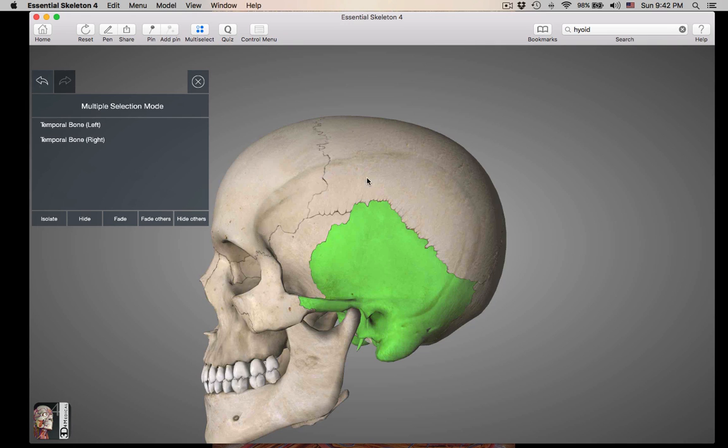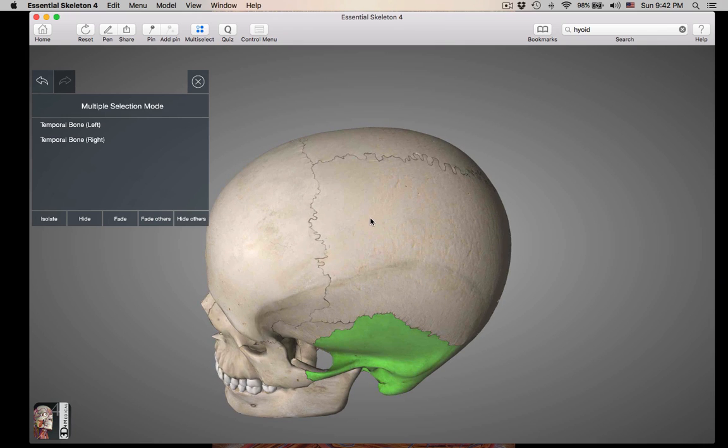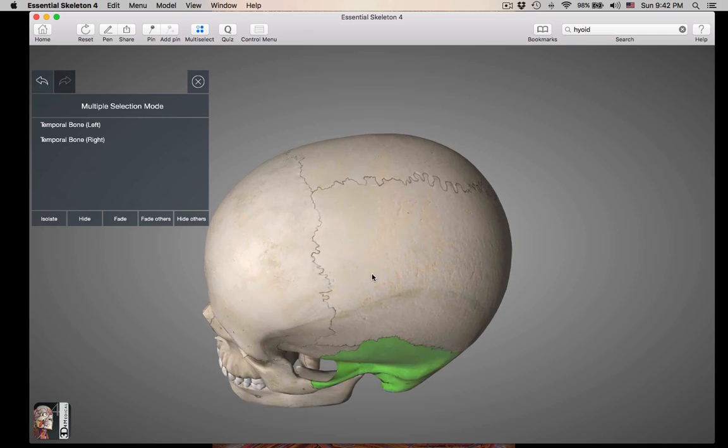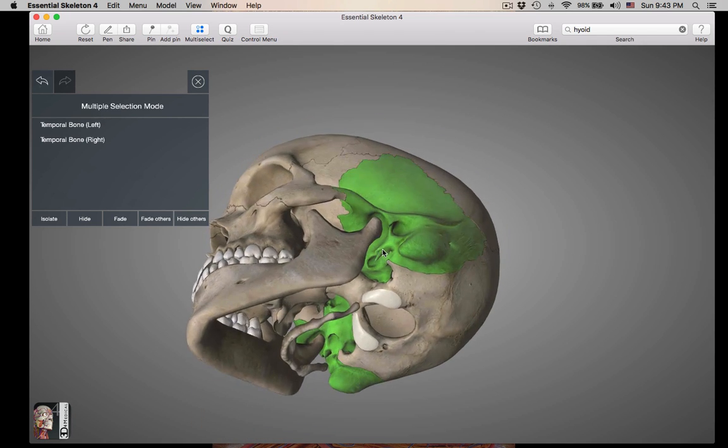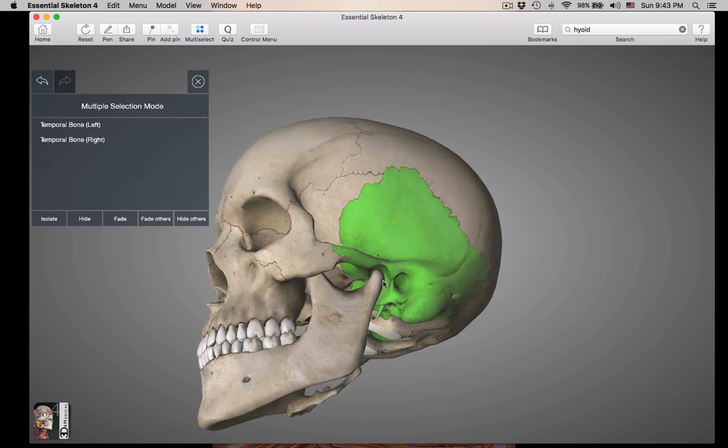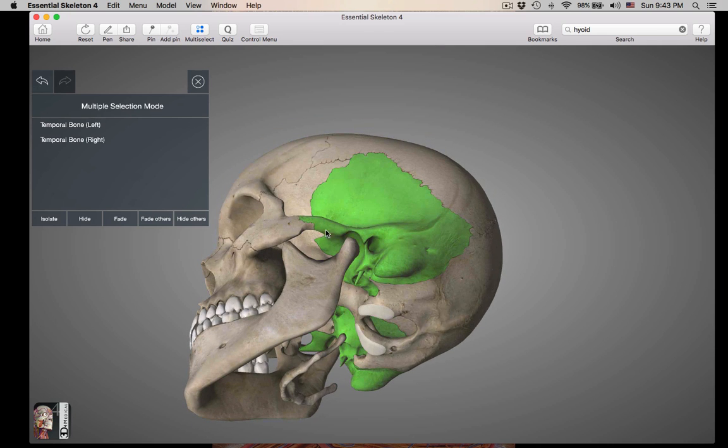So the first one is the zygomatic process. A process is anything that tends to stick out of a bone. So the zygomatic process is this thing that sticks out of the temporal bone right here. You can see it on this view too, where it's just kind of sticking out here.